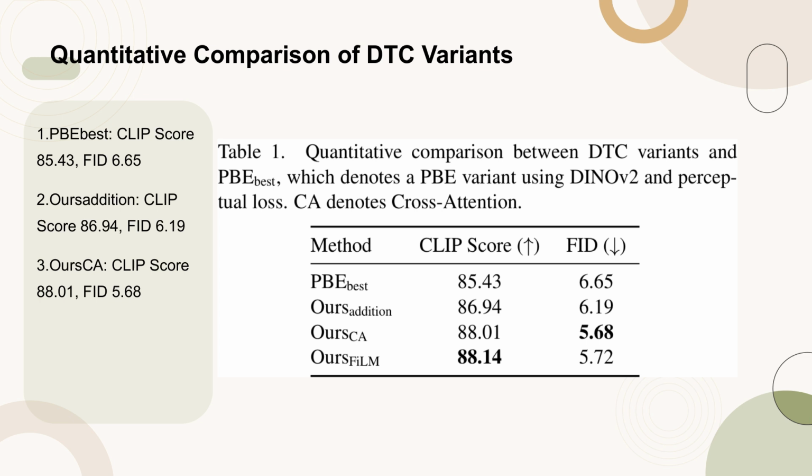The Hours Edition variant achieves a CLIP score of 86.94 and an FID of 6.19. The RCA variant, which uses cross-attention, performs the best with a CLIP score of 88.01 and an FID of 5.68. This indicates that the cross-attention method is more effective in integrating the hint signal into the main UNet decoder.